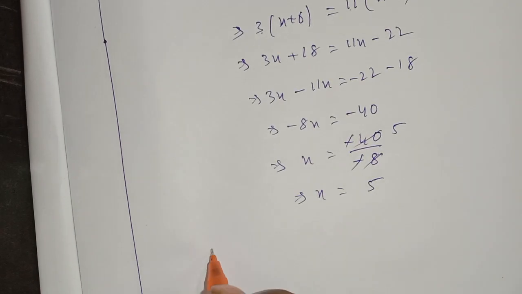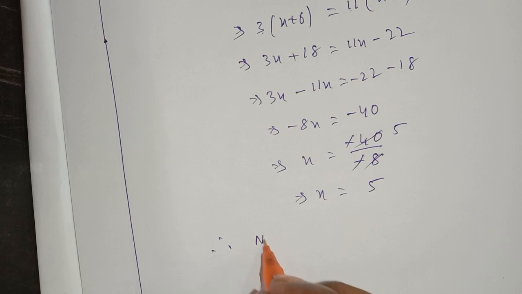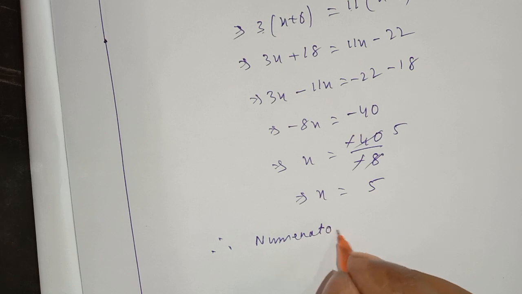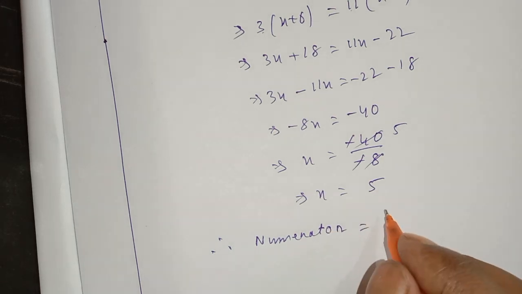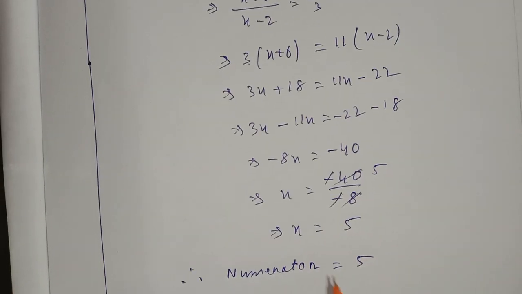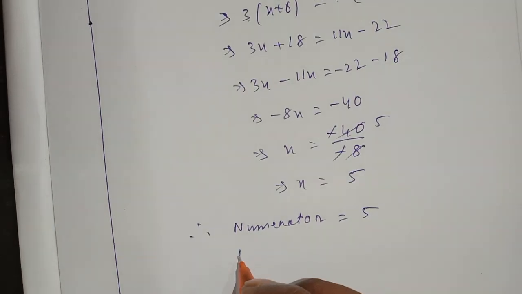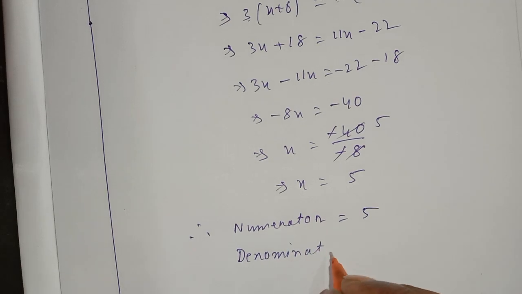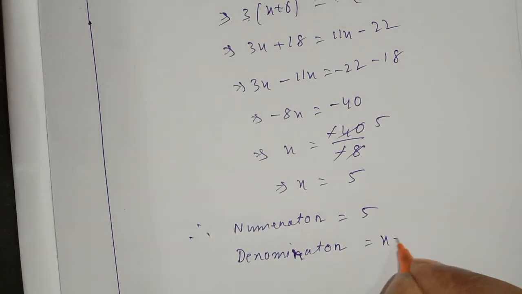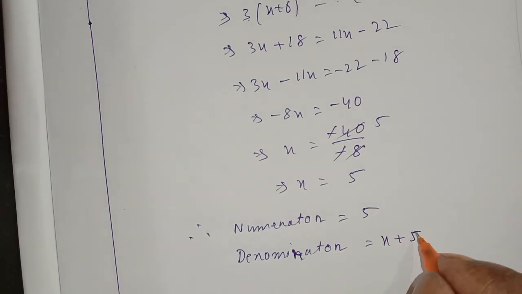Okay, now therefore the numerator equals how much? x means 5. Here we took numerator x, so the x value will be 5 only. Now the denominator equals what? x plus 4 as given.